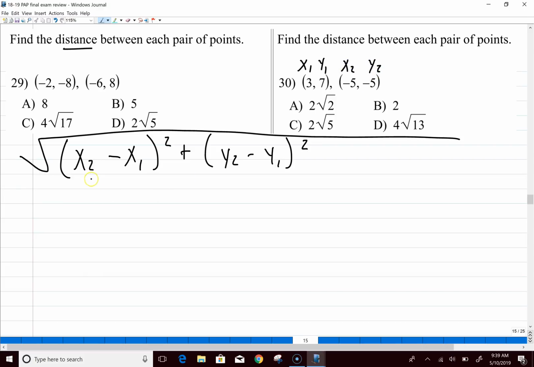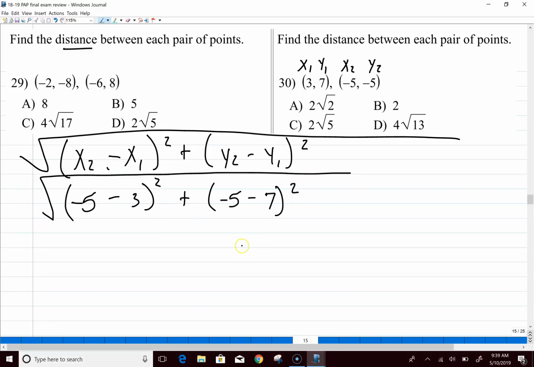So x2 is -5. You have to put a minus sign because that's the formula. Then x1 is 3, parentheses squared, plus parentheses y2, y2 is -5, minus my y1, which is 7, and then squared, and then all this has a square root.